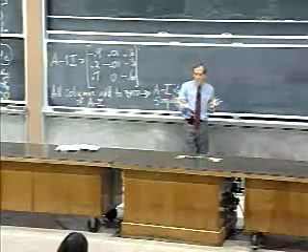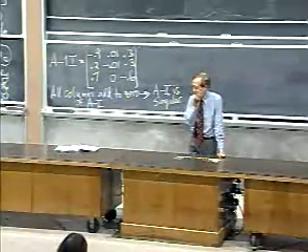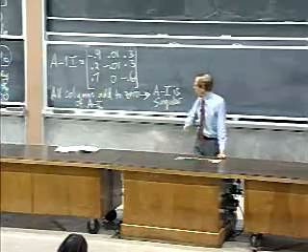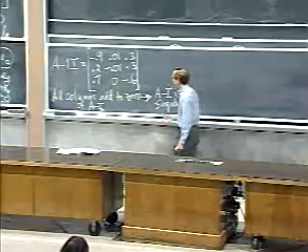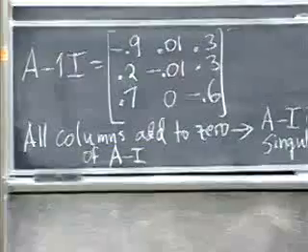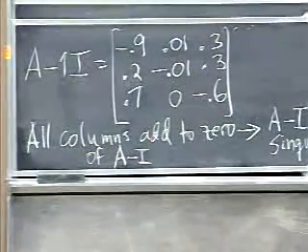Another thing I would like to be able to show is that the rows are dependent. Maybe that's easier. If I know that all the columns add to 0, that's my information, how do I see that those 3 rows are linearly dependent? What combination of those rows gives the 0 row?